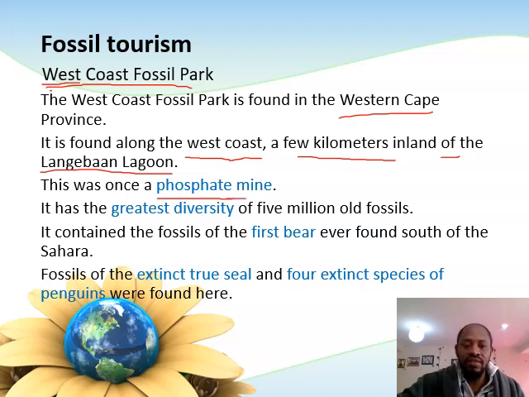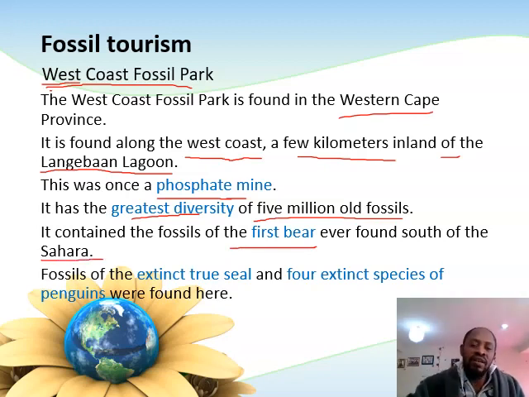It has the greatest diversity of fossils that have been found around the world. It has about 5 million year old fossils. It contains the fossils of the first bear that was ever found in sub-Saharan regions, that are below the Sahara Desert.